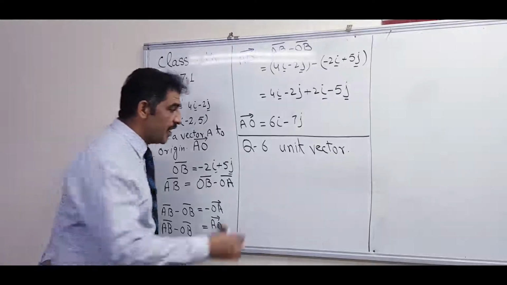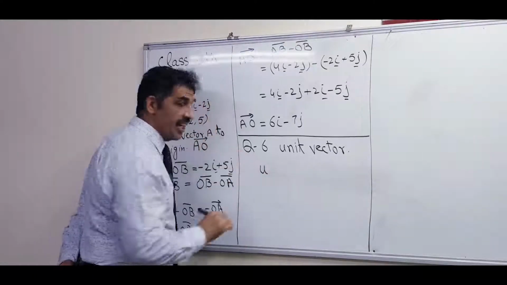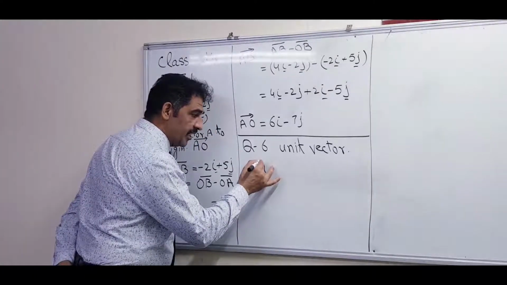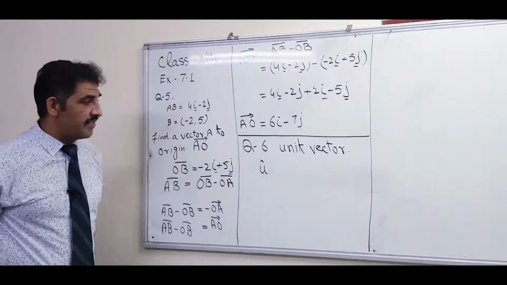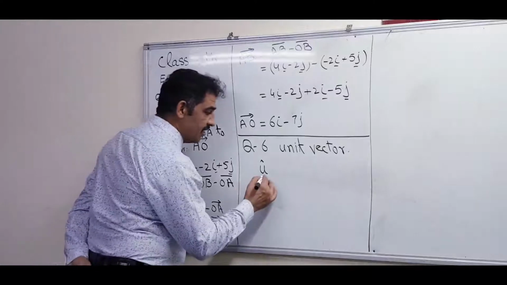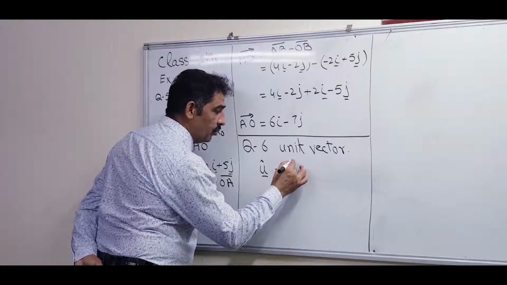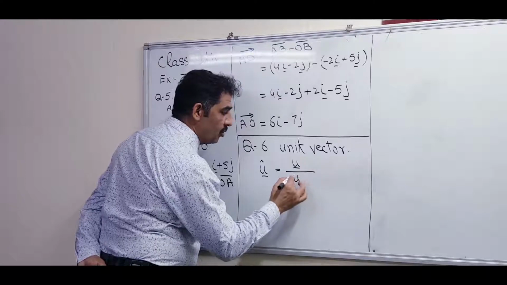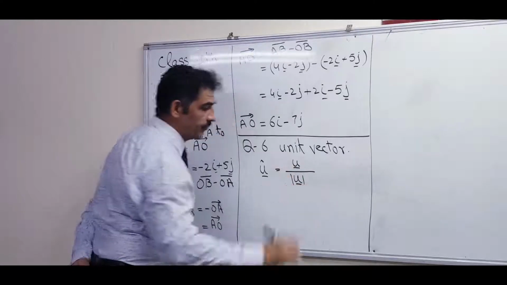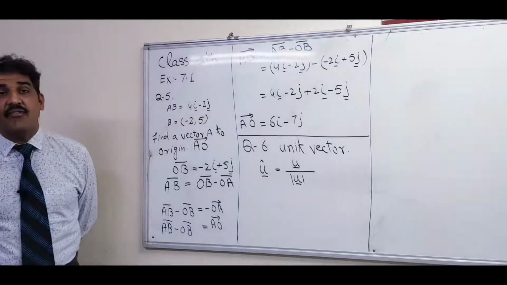Mathematically, we write a unit vector like this: there is a vector u, and the unit vector is denoted by this cap, because that is a unit vector. According to the rule, the vector u over the magnitude of u is its mathematical formula.